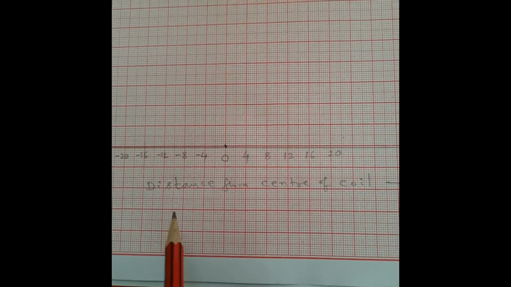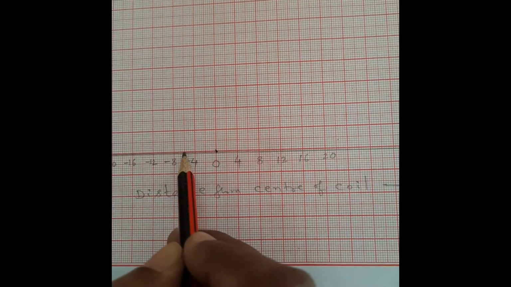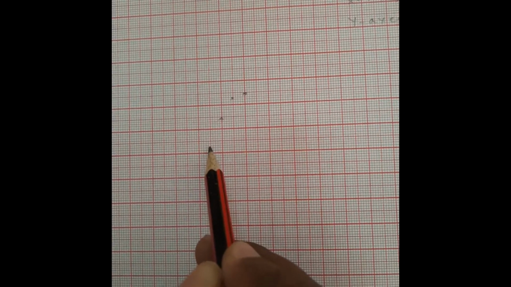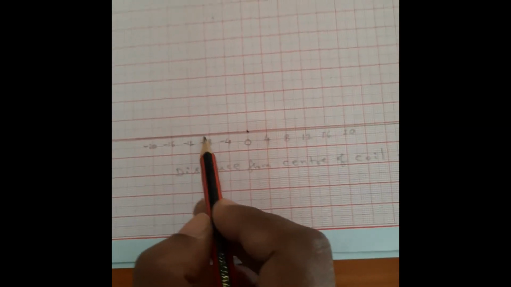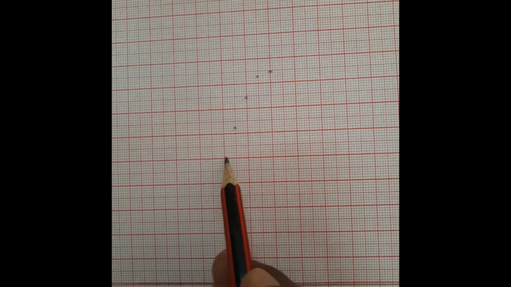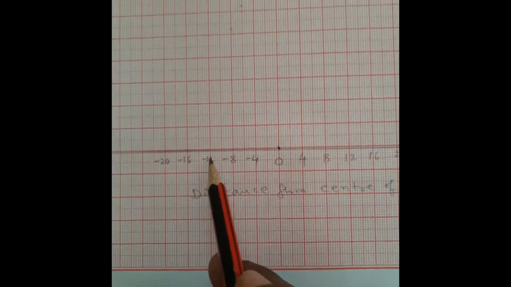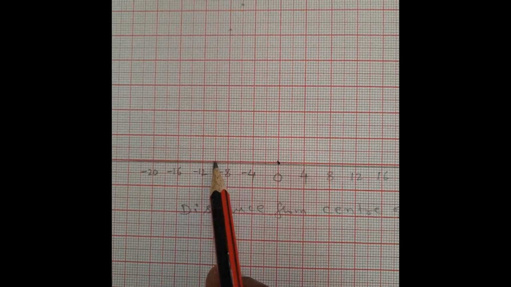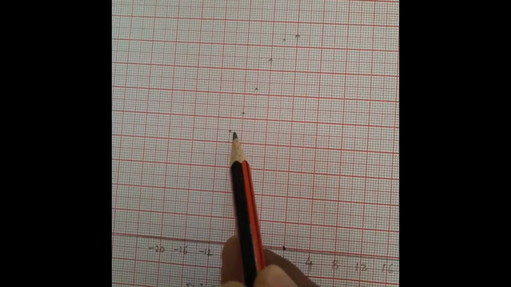And then for 6 it is observed to be 61.5, so here is 6, 60, 61.5 somewhere here. And then for 8 it is observed to be 52.6, so 52.6 somewhere here. Similarly for 10 it is observed to be 44.7, 40, 44.